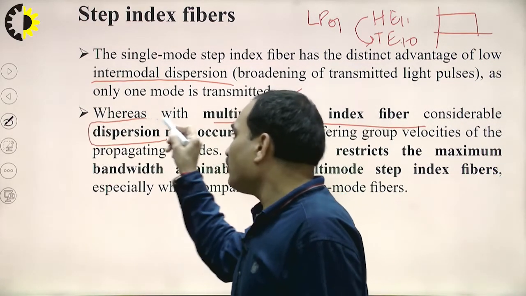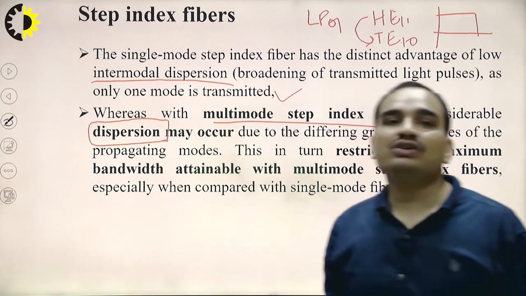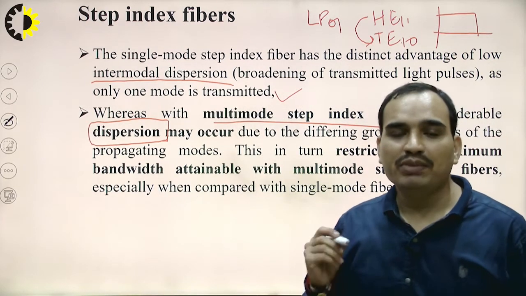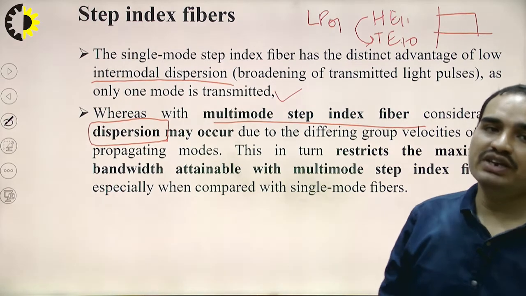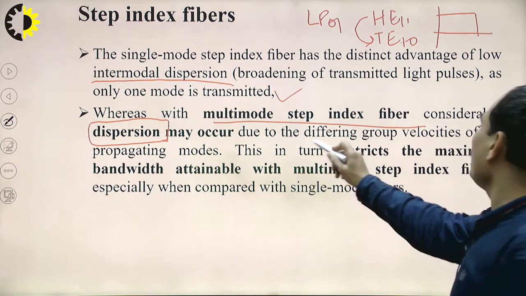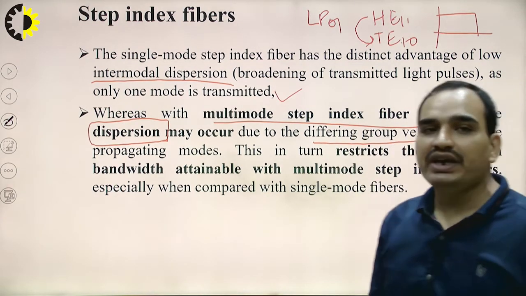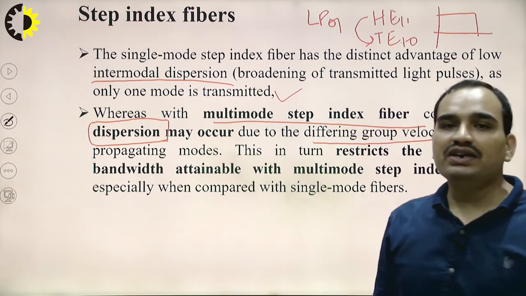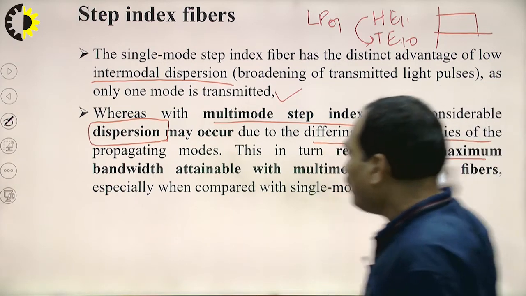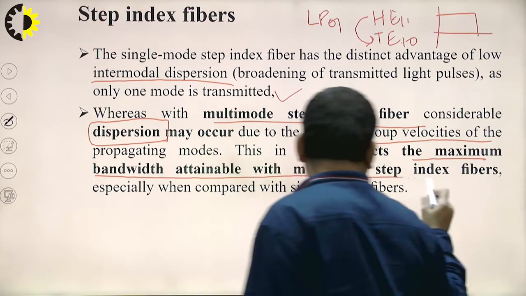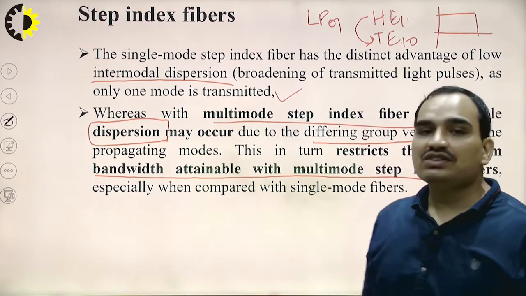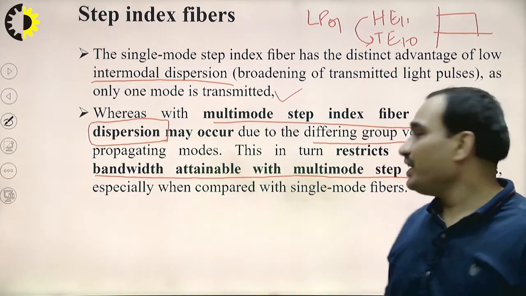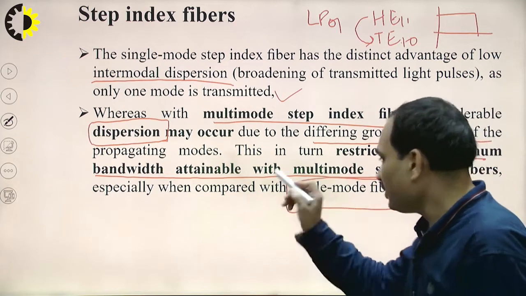So broadening of the pulses or the dispersion occurring in a multi-mode stepped index fiber is due to the differing group velocities of the propagating modes, and this in turn restricts the maximum bandwidth attainable with a multi-mode stepped index fiber, especially compared to the single mode fiber.